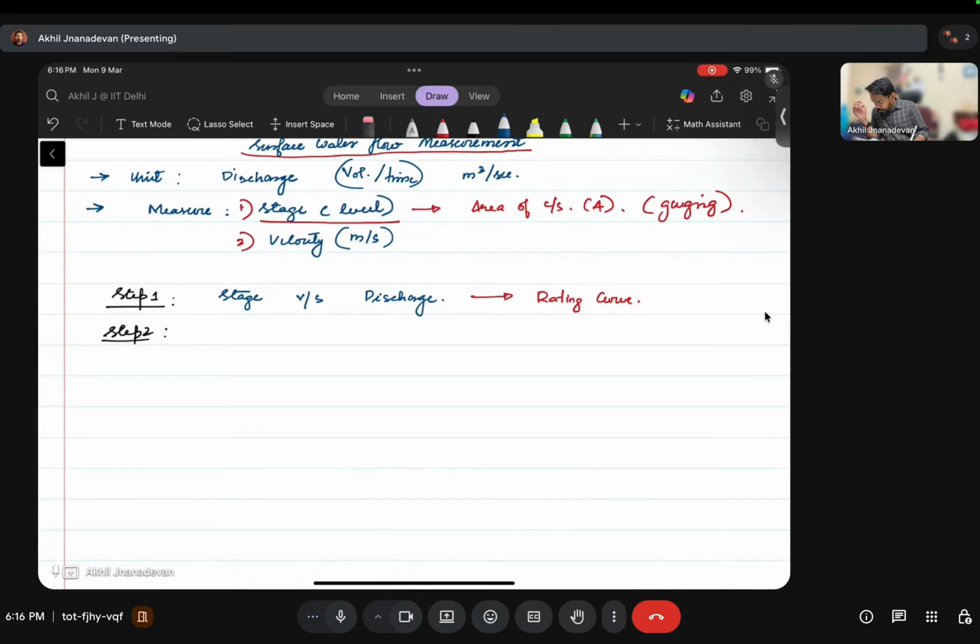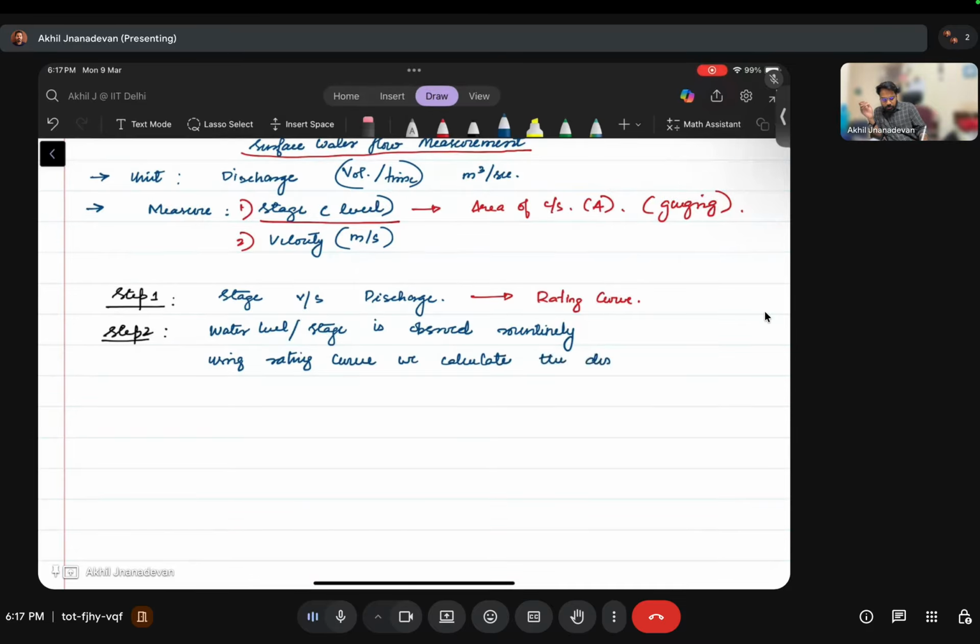So basically, the water level, also called stage, is observed routinely. At regular intervals, we measure this, and then using the rating curve, we calculate the discharge.